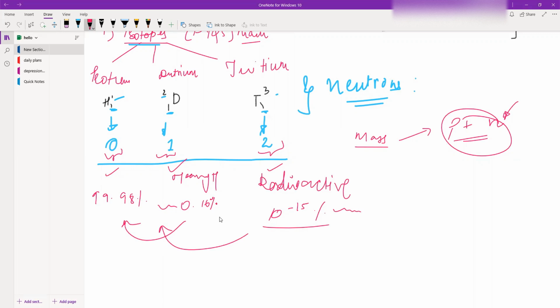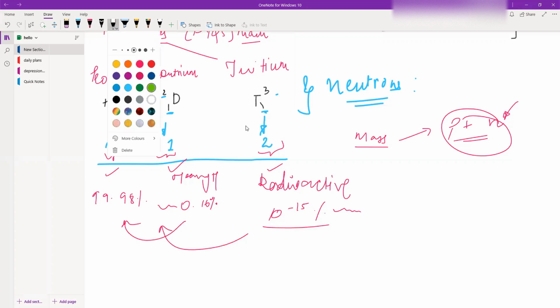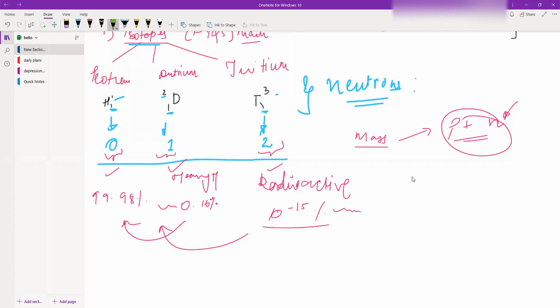Okay. Another thing, if we proceed with the properties of hydrogen, we'll be talking about the bond energy. What is bond energy? Bond energy is basically the tendency that both the atoms of the bond have to attract each other. Like if I talk about this is one hydrogen and this is another hydrogen.